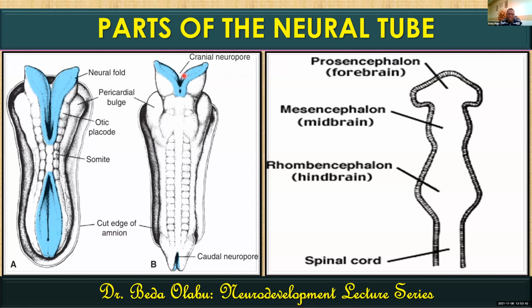After they've closed, the caudal neuropore down here has closed, then joined with the secondary neural tube. And so we have one long neural tube. That long neural tube will now give us the different parts of the central nervous system. The cranial 2/3 of the neural tube give rise to the brain, while the caudal 1/3 of the neural tube gives rise to the spinal cord.